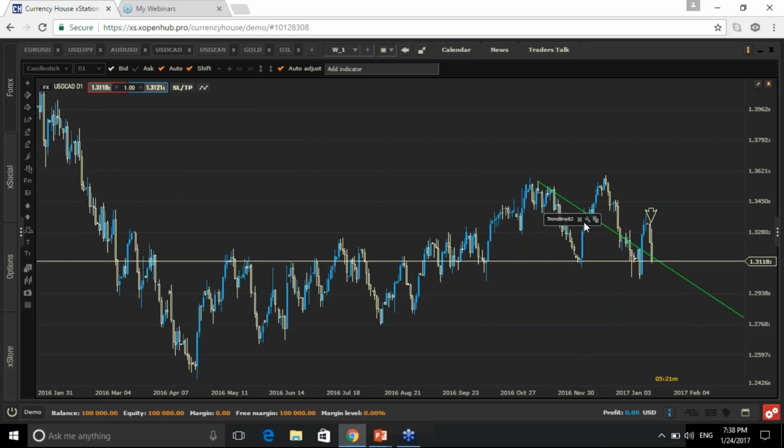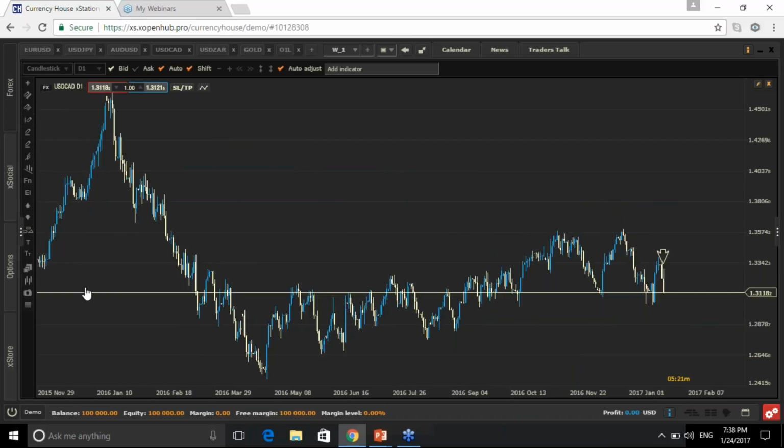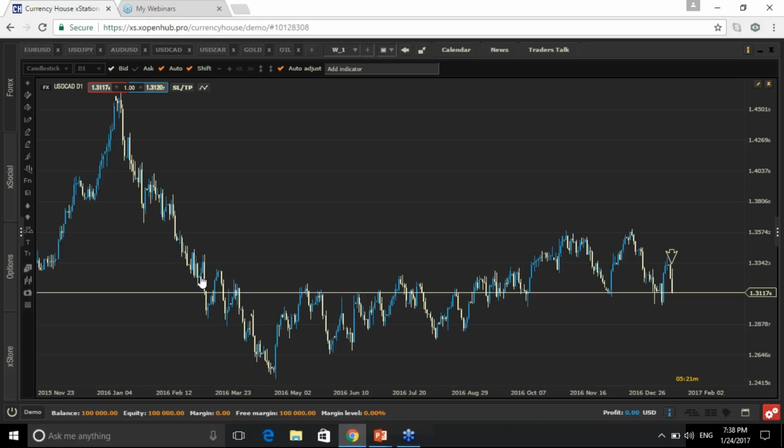I wanted to show you a very important level of support of USDCAD. Let me delete this line. Alright. You can see the daily chart here. You can see a massive sell-off in the beginning of the year 2016, and from that time, somewhere in the beginning of May of 2016, the price is going up. The USDCAD is going up.